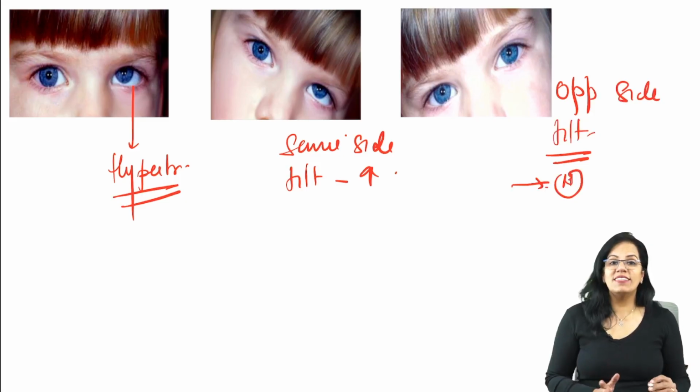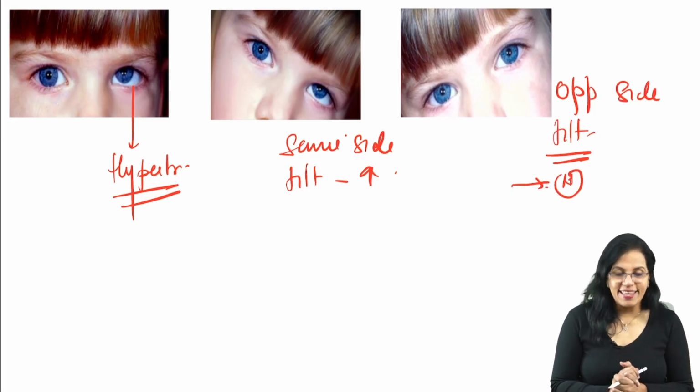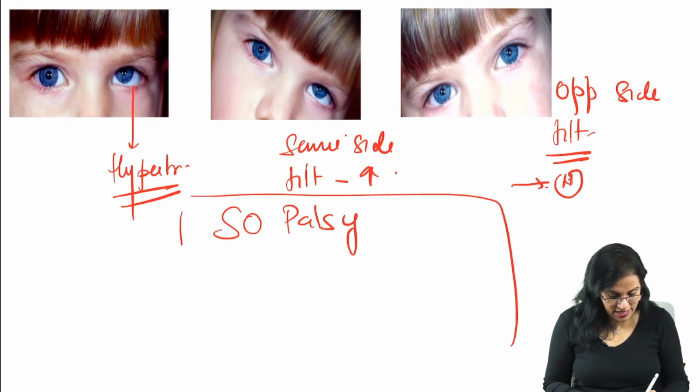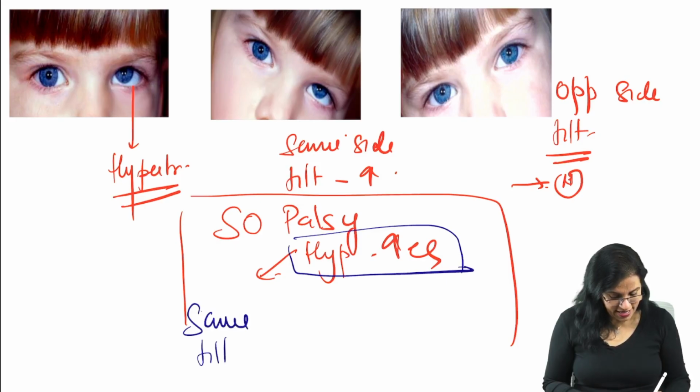So this is Bielschowsky's sign of superior oblique palsy. A tip I will give you here very quickly: the hypertropia increases on same side tilt and opposite gaze.